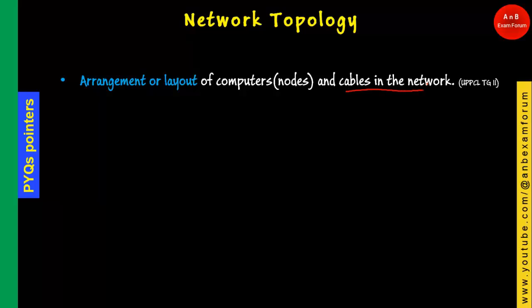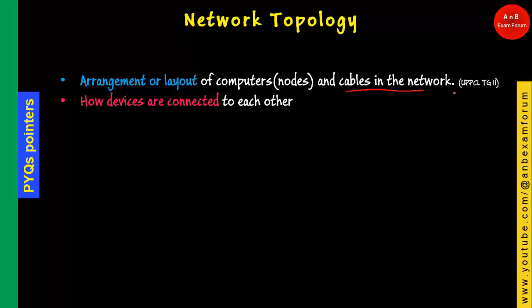In short, how the devices are connected to each other is called network topology. I repeat once again, how devices are connected to each other is the network topology, and the arrangement or layout of computers and cables in the network is called network topology.